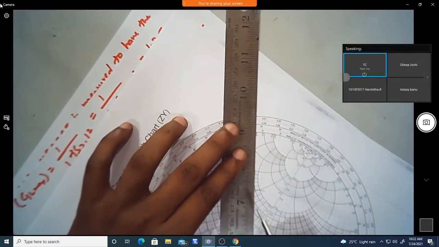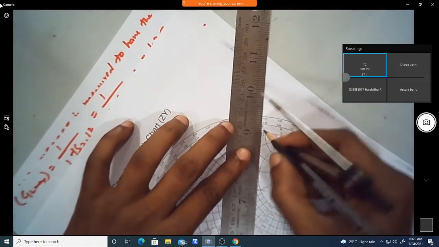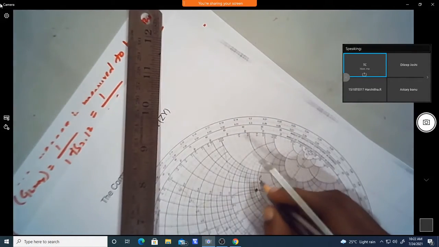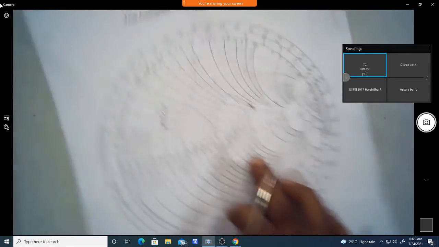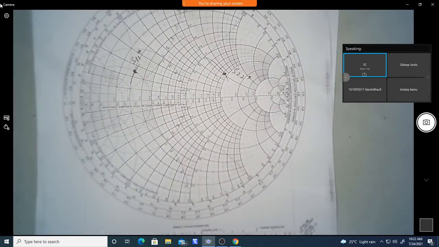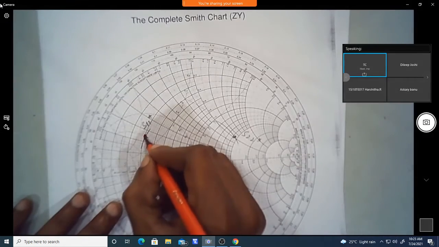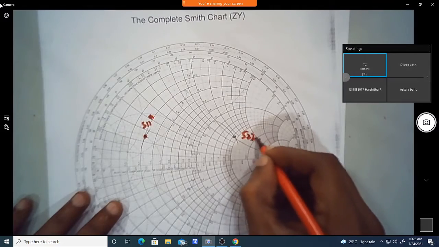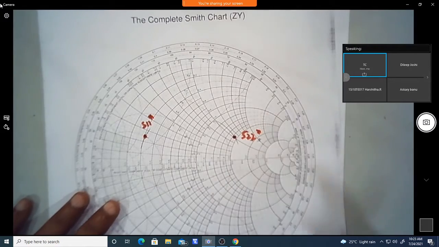This is the 30 degree point and you can mark the point here. So this is your S22 star. Now I have marked the 2 values, the input constant gain point S11 star and this one, S22 star.